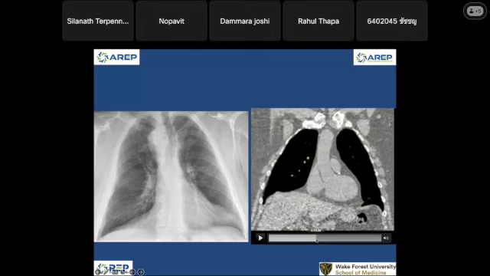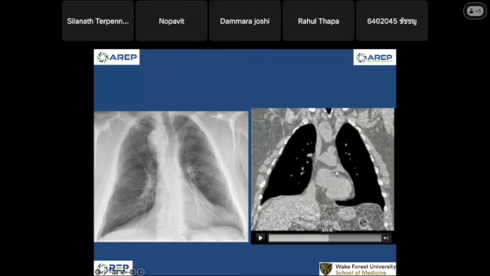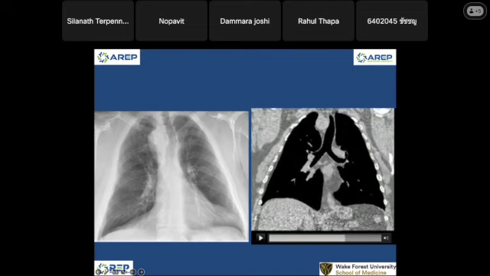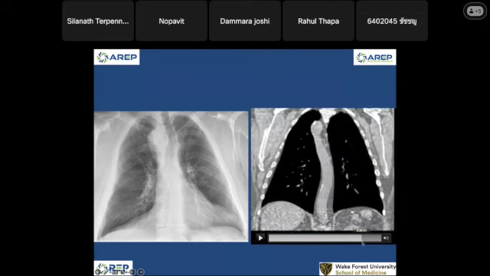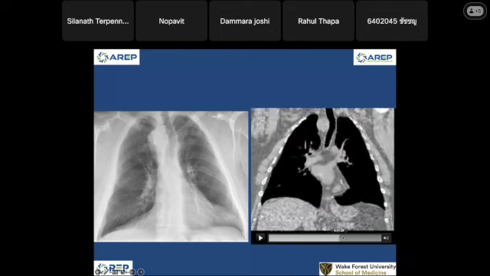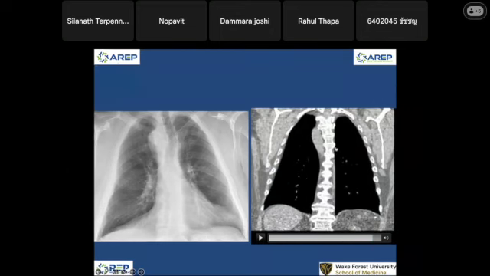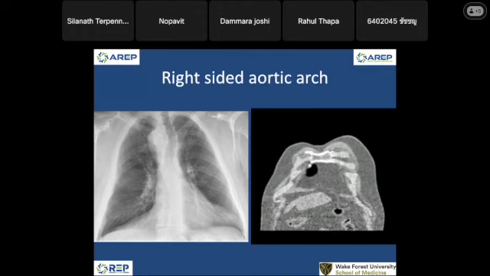It's coming down and connects up here, and then it's coming up here, going right there, and then coming down. Normally, the aorta should be on the left side of the spine, not on the right. So this is an example of the right-sided arch.